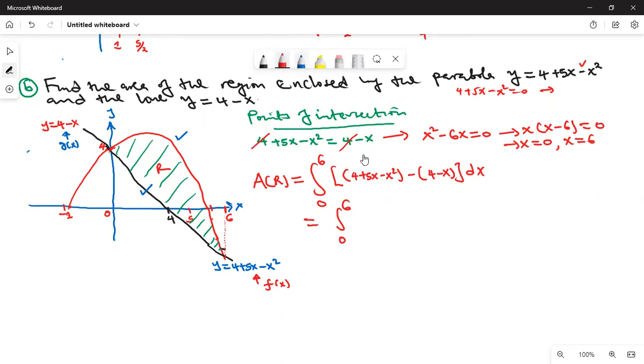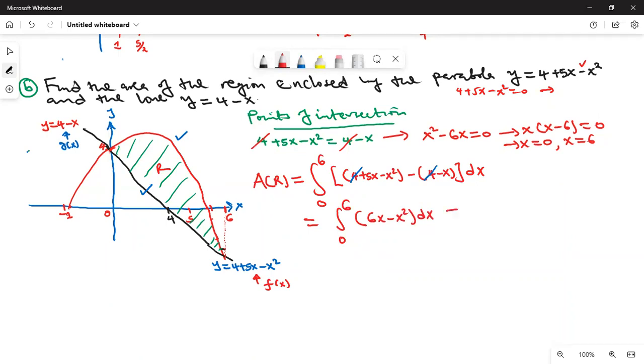When you subtract, you see 4 and 4 will cancel. So what will we remain with? We will have 5x minus x squared plus x. So that will give us 4x. Is it 4x? We are adding. So that will be 6x, not 4. 6x minus x squared dx.